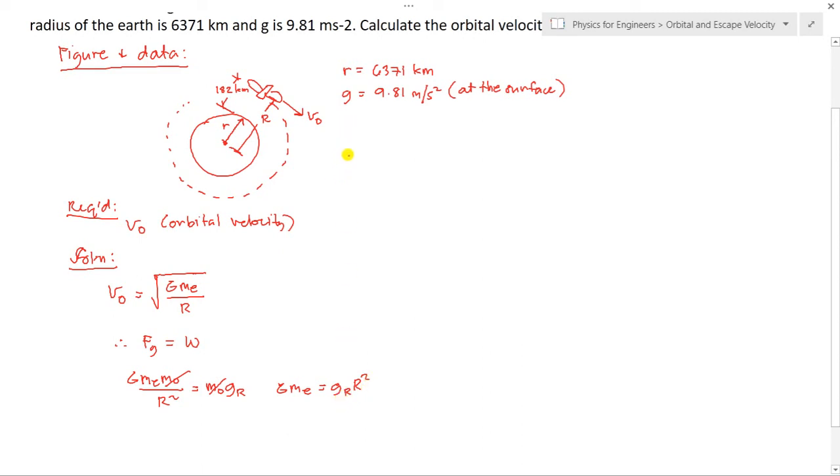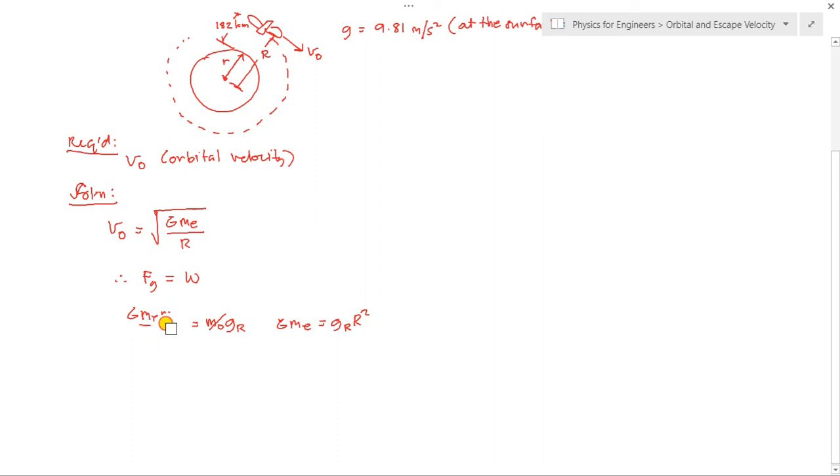So therefore we cannot relate it to that height. Instead, we assume that they are at the surface. So what is the value of FG and W at the surface?